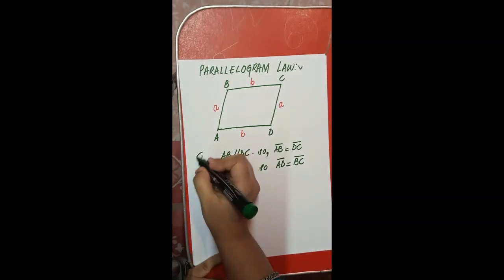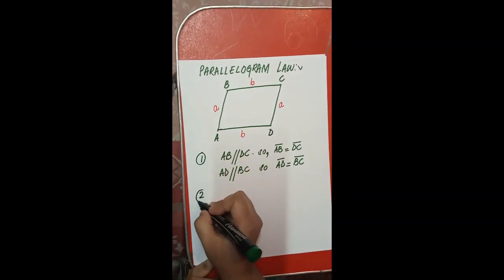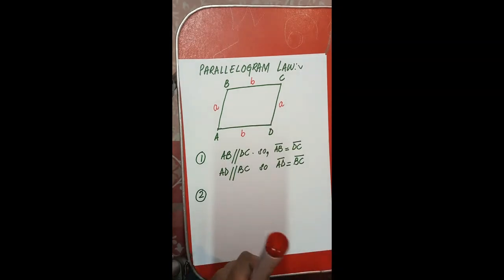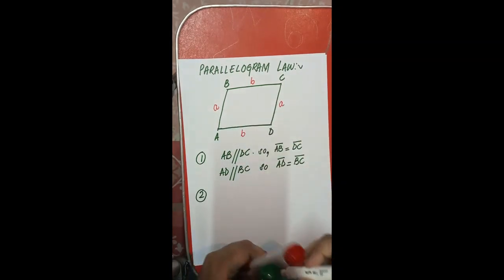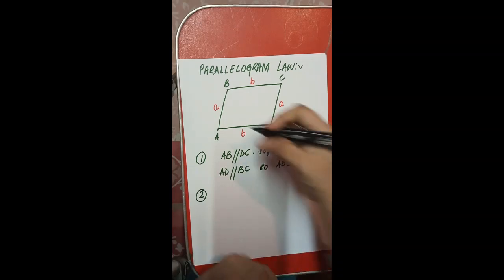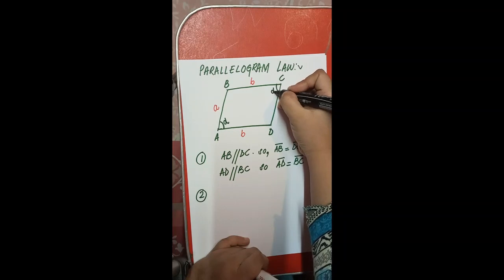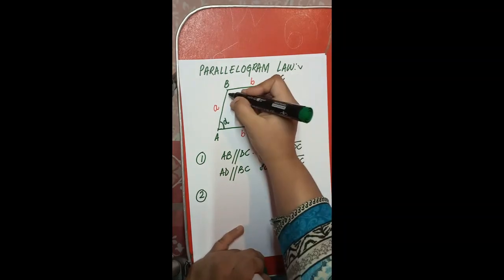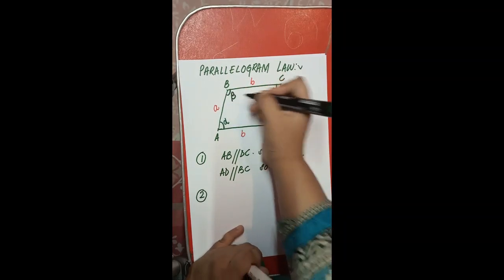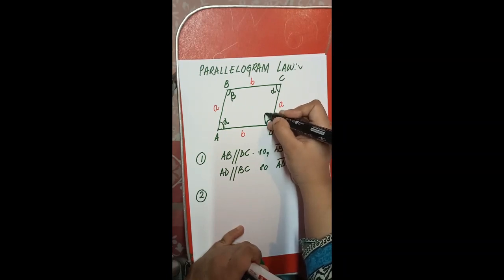So the second one is what? For example, if we have angle A is alpha, so this angle should also be alpha. If this angle is beta, so this angle is also beta.